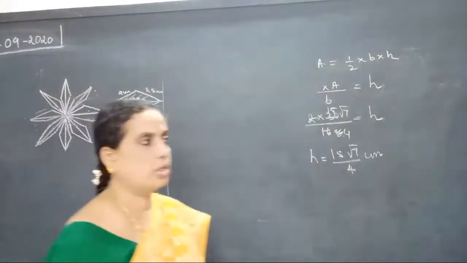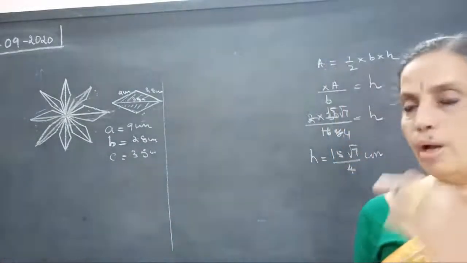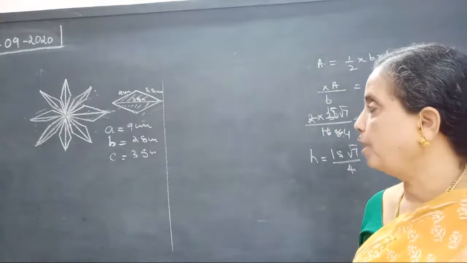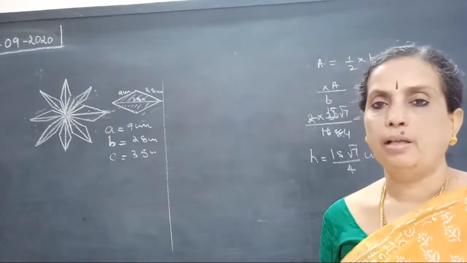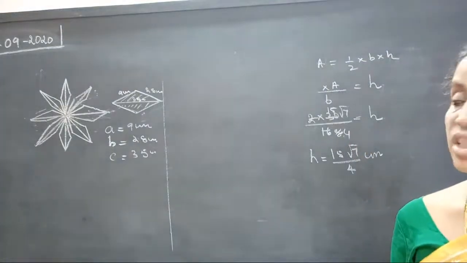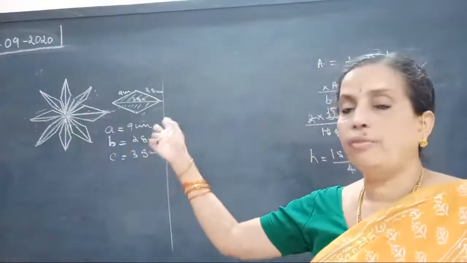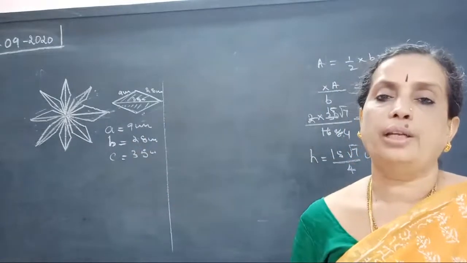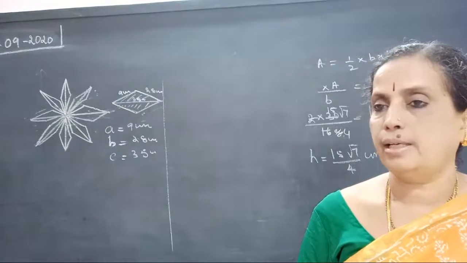From the floral design, only one part I took. I am showing how we can find out the area of the tile. You have totally 16 tiles, into 16 gives the total area of the tile, and then you can calculate the cost of polishing it. Is that clear?